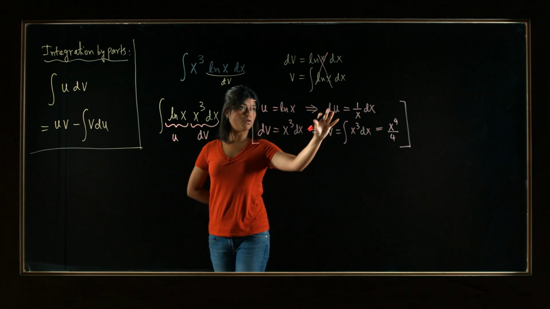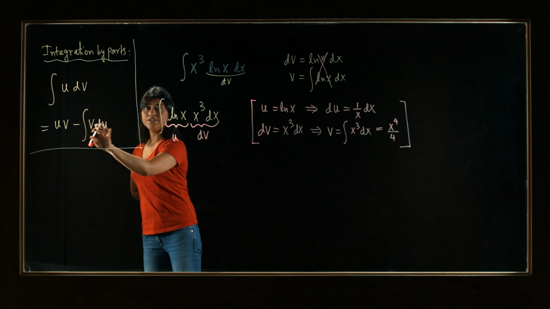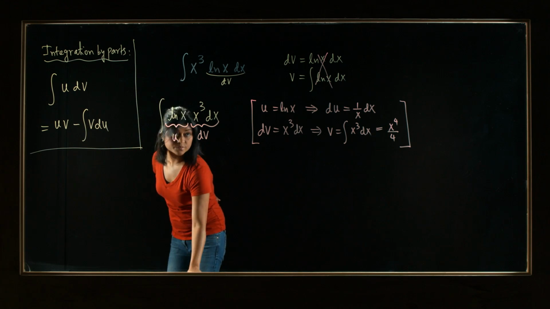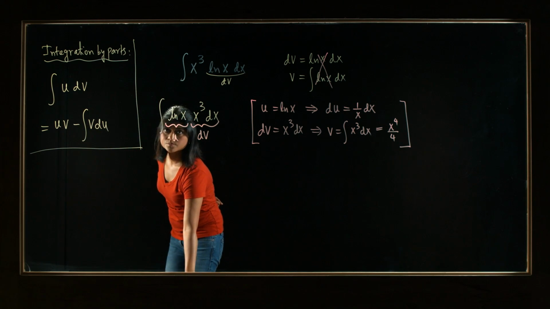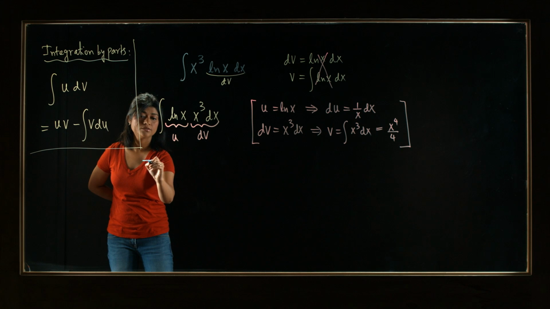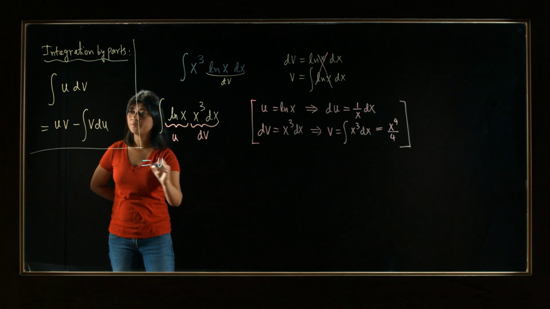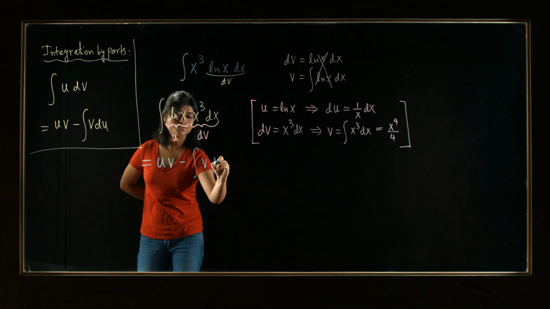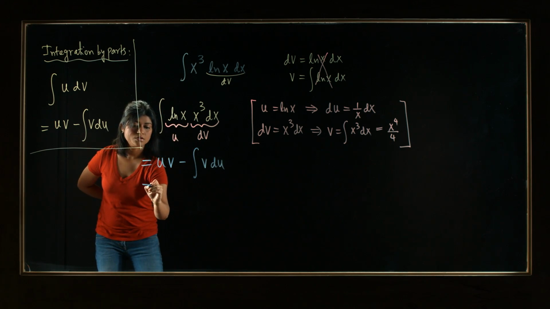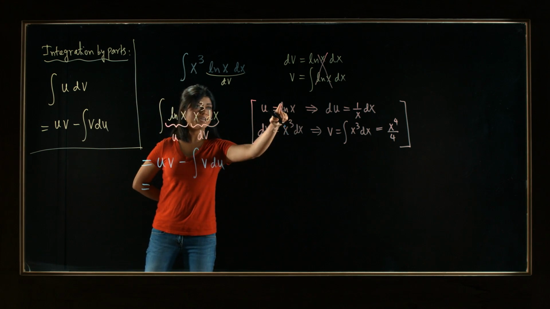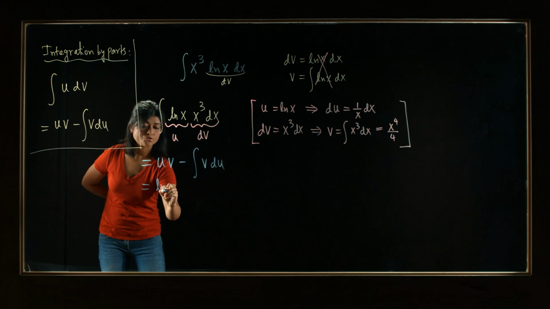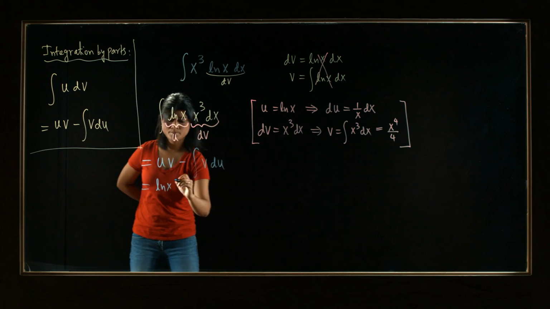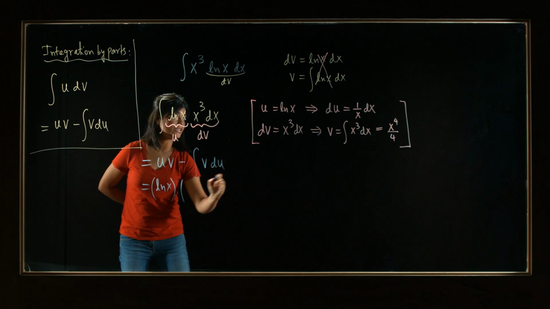So now we have all 4 quantities that we need to apply the integration by parts formula. Okay, so let's do that. So this is equal to, remember, uv minus integral v du. Okay, so let's write everything down. U is natural log of x right here, times v.